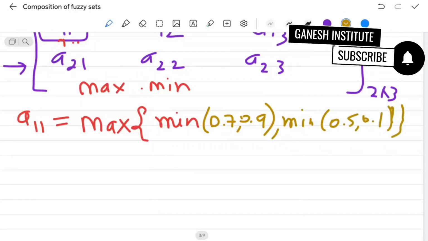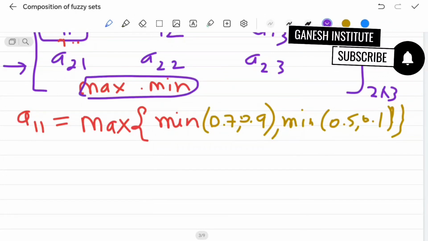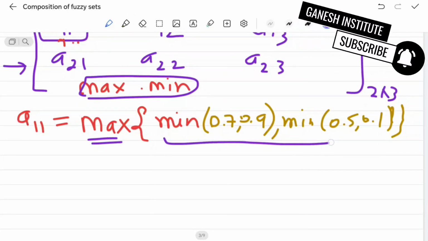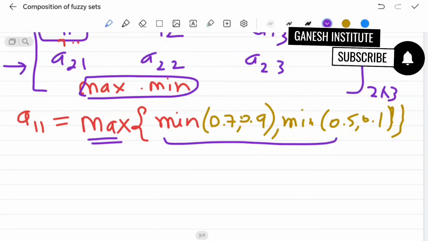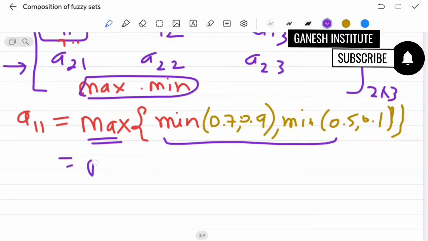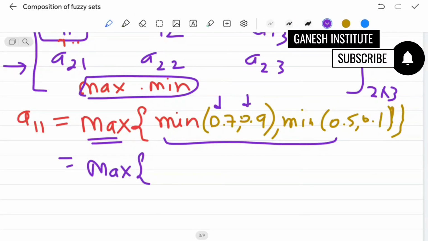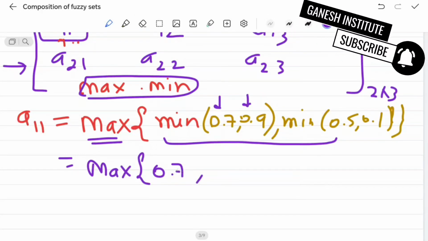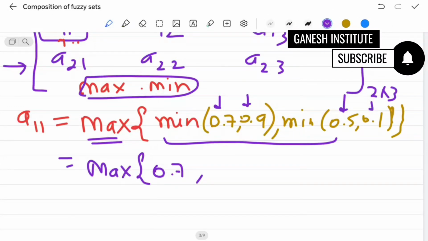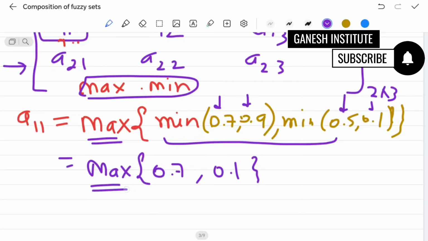Are you getting what I'm trying to say here? We have to find the max-min composition, so max outside, and inside we take the first row and first column elements for the min. Tell me, what is the minimum of these two? 0.7. What is the minimum of 0.5 and 0.1? 0.1. Now what is the composition?